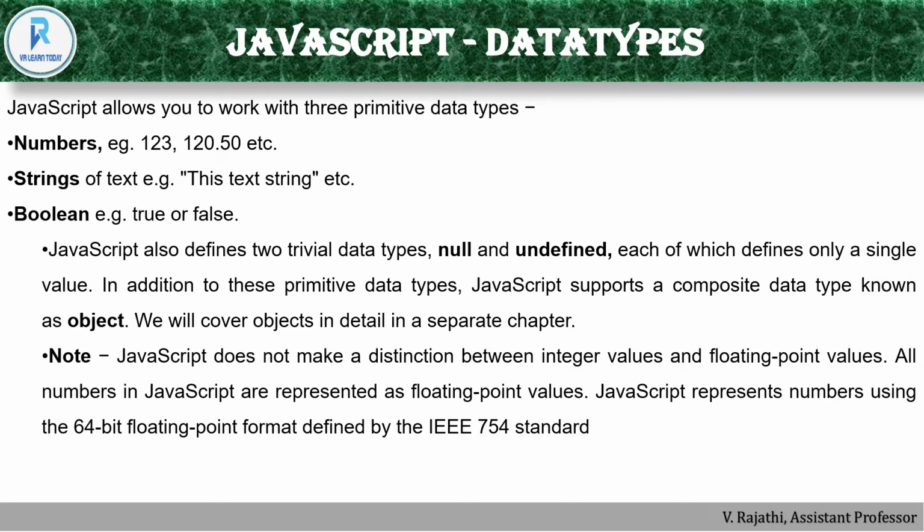There is no such discrimination for numbers here. One data type, number, is enough to store any whole number or fraction. All numbers in JavaScript are represented as floating point values. JavaScript represents numbers using the 64-bit floating point format defined by the IEEE 754 standard.